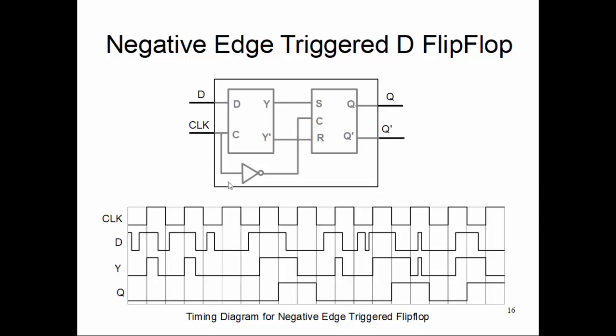So first clock, when it was low, Y was low, Q was low. Second low clock cycle, your Y was low, Q was low.